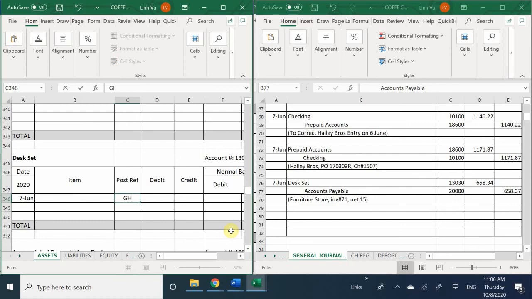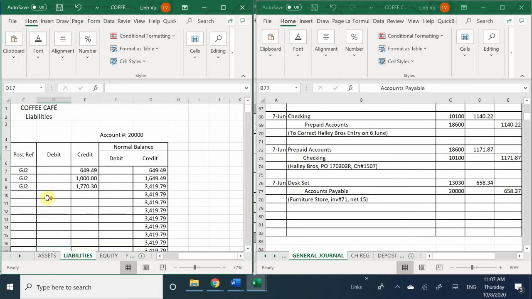General journal number 2. All right, and I debited my account for $658.37. Therefore, making my debit balance of $658.37.